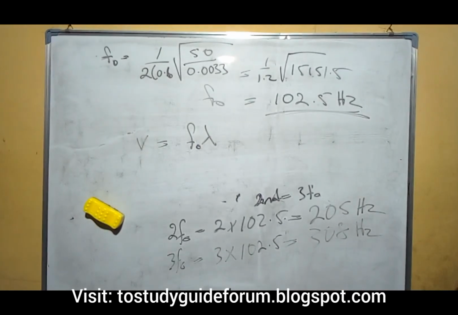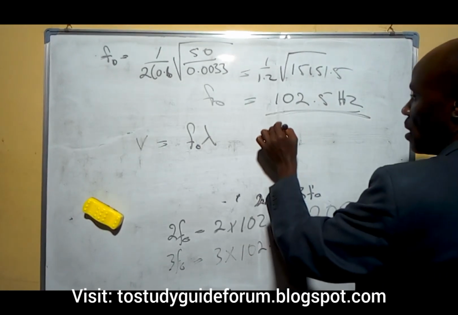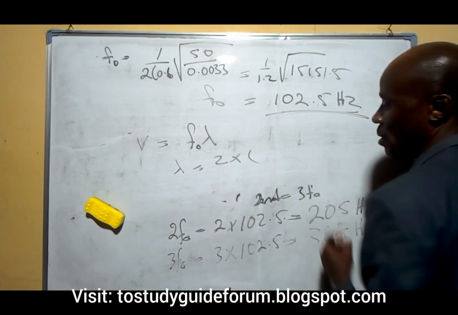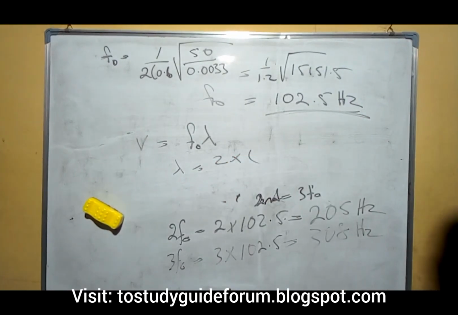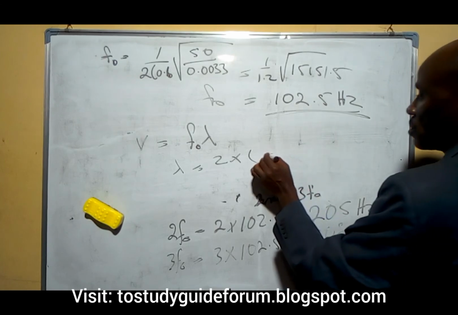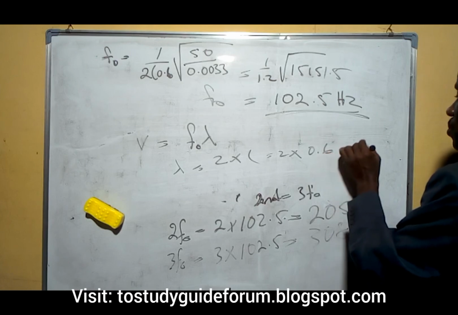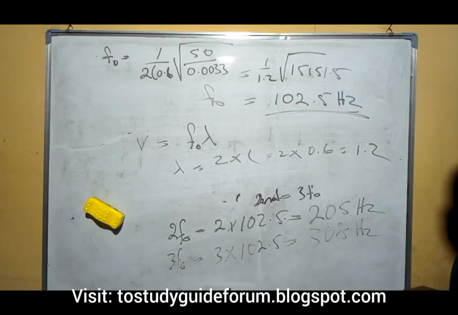Our lambda in this case is equal to 2 times L. So 2 times 0.6 will give us 1.2.